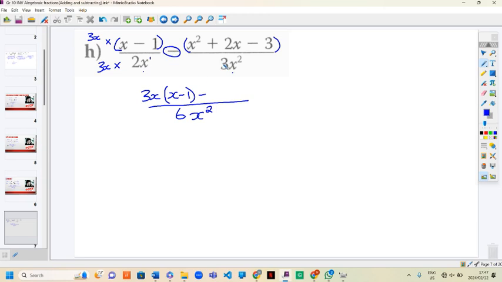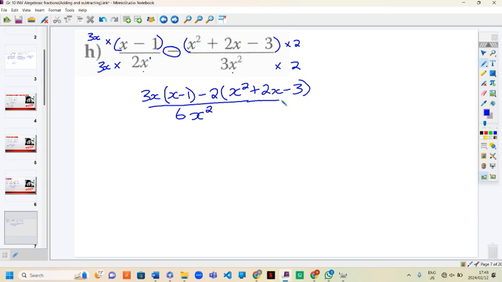What did I do to 3x squared to get to 6x squared? Multiplied by 2. Fantastic. I can't just do it at the bottom, I need to do it at the top as well. So I've got negative 2 multiplied by this entire bracket. You see that? The entire bracket. So it's x squared plus 2x minus 3.